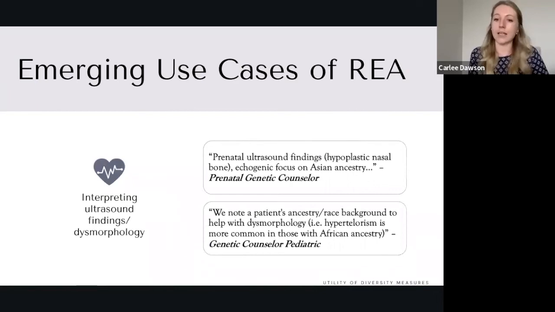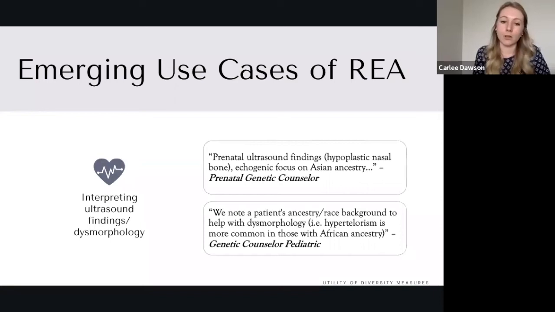And then lastly, looking at some of the interpreting ultrasound findings and dysmorphology, a prenatal GC had stated that for prenatal ultrasound findings, specifically looking at hypoplastic nasal bones or echogenic focus, that may be more common in an Asian ancestry. And then a pediatric genetic counselor stated that we note a patient's ancestry, race, or background to help with dysmorphology.